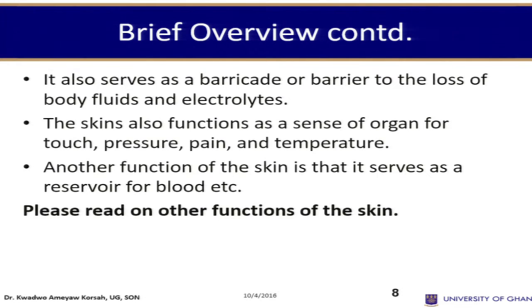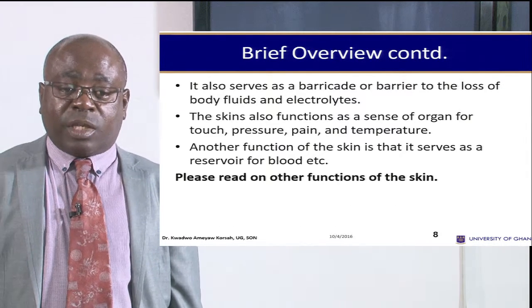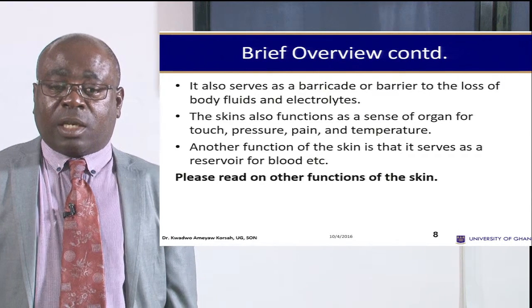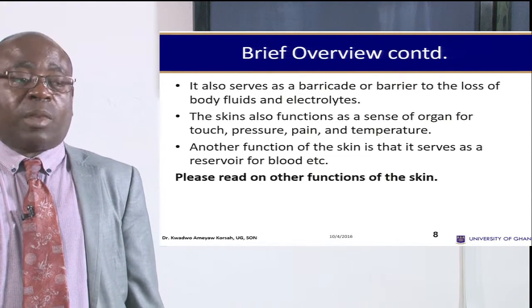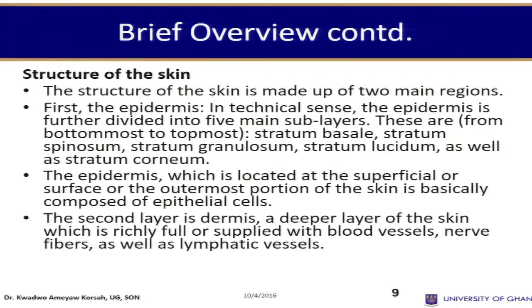The skin also functions as a sense organ for touch, pressure, pain, and temperature regulation. Another function of the skin is that it serves as a reservoir for blood. I want you to go through this and then add other major functions of the skin, so you need to do further reading.